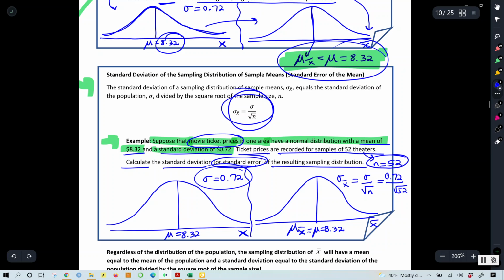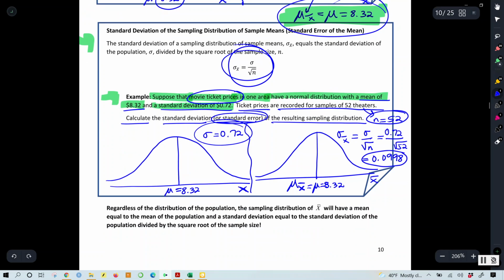This is equal to 0.0998. This is the standard error of the sampling distribution of the sample means. Take note of one point here: even though we started out with a normal distribution, we always end up with a normal distribution for the sampling distribution of the sample means.